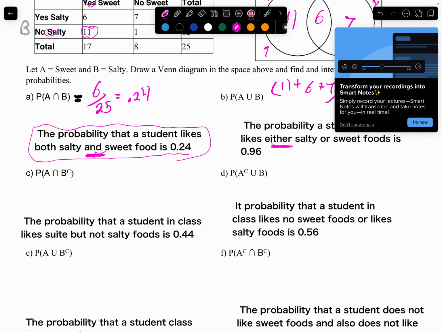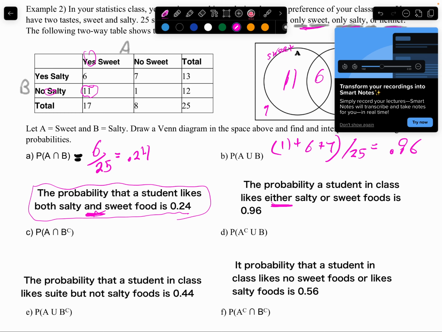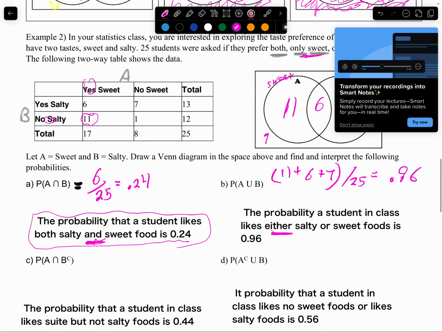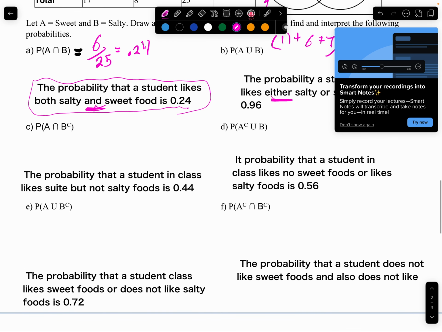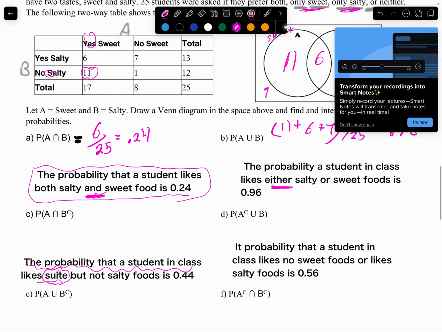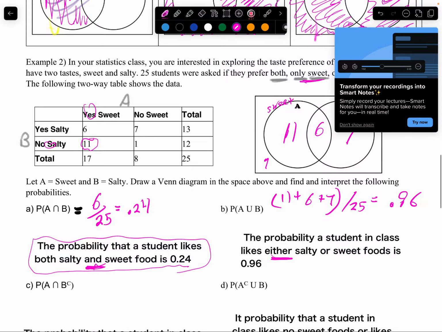The next one is student A and not B. The probability that a student in class likes sweet, whoops, that should have been spelled S-W-E-E-T, silly, but not salty foods, not the B. And that would be the sweet and not the salty.